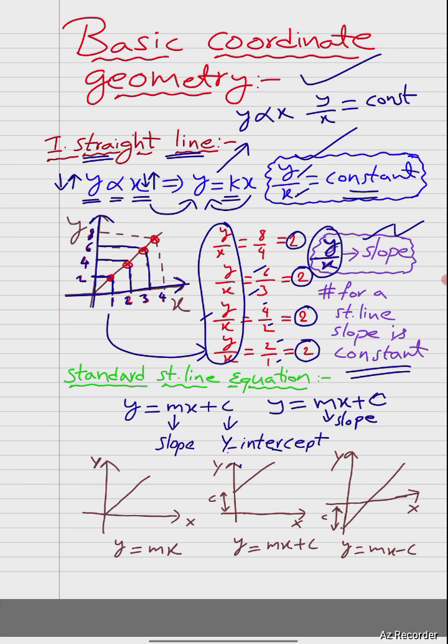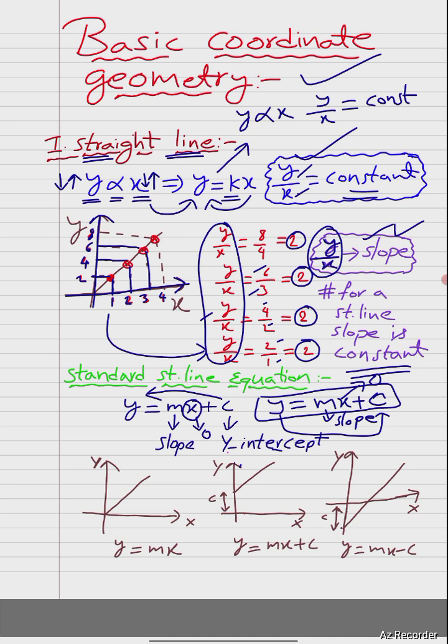Y-intercept is what you get when you put the x value to 0. When you put this x value to 0, whatever value comes in place of y, that is the y-intercept. Remember, y-intercept means in the standard equation y equal to mx plus c, put x value to 0, then whatever the y turns out to be, that is the y-intercept.